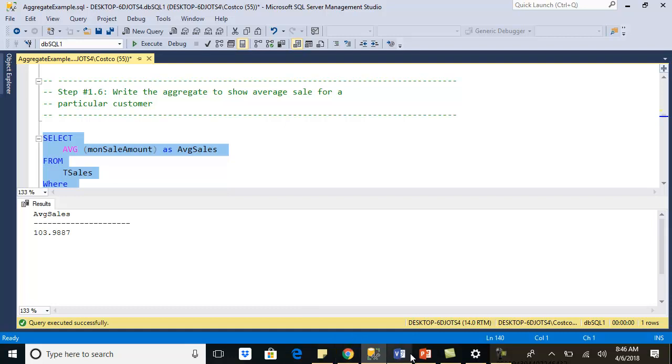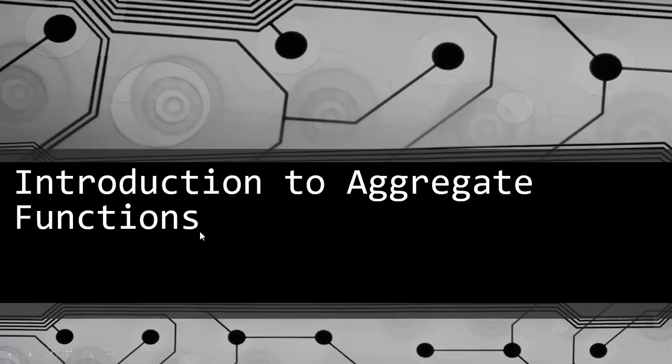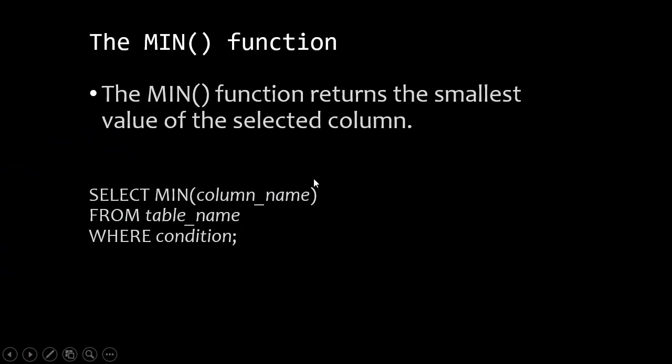All right, let's go through the next one. Start this back up again. Should be an easier way, right? It probably is. The min function. The min function returns the smallest value of a selected column.